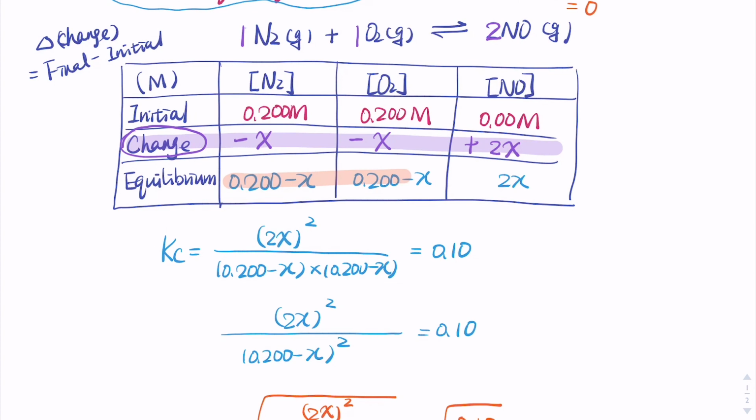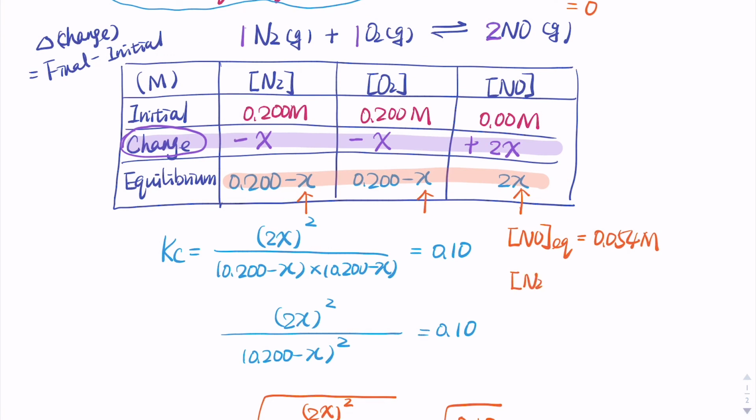Now you have the x value, and we're looking for the equilibrium concentrations, so we just plug the x value in, and you will get the concentrations for each reactant and product at equilibrium. The concentration of the product at equilibrium will be 2 times x, 2 times 0.027, which is 0.054.